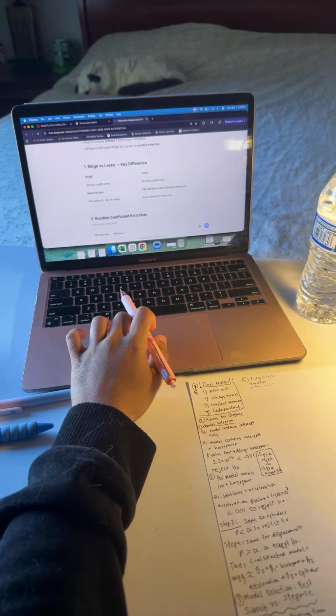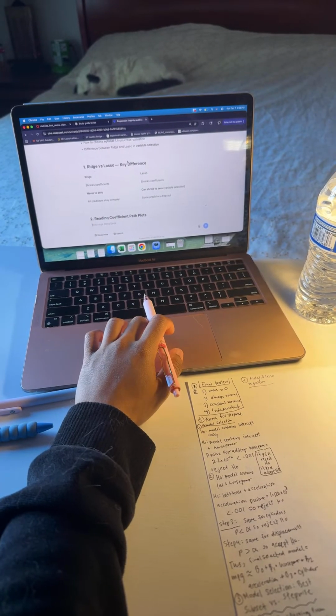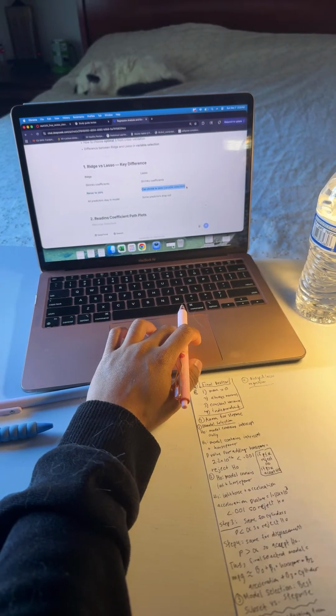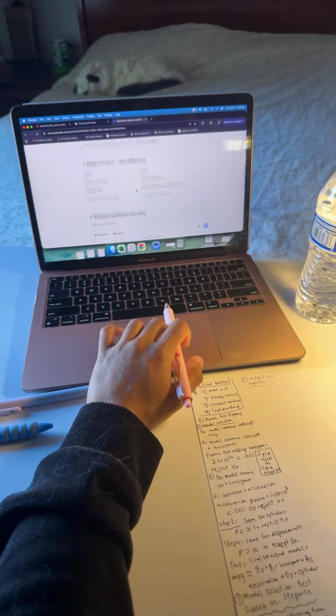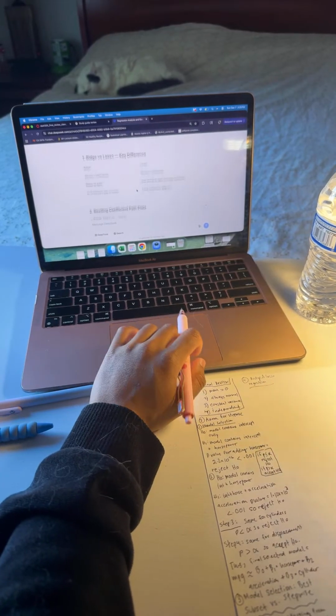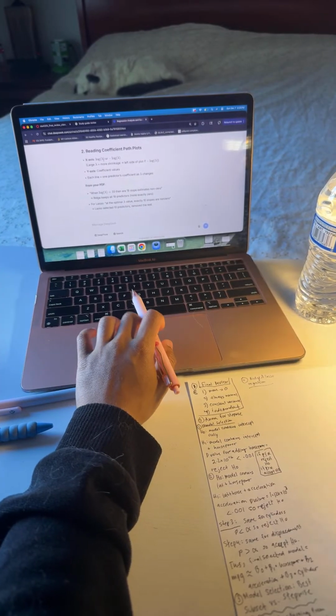Key difference: ridge shrinks coefficients, lasso shrinks coefficients. That's not a difference, though. Ridge never shrinks to 0, lasso can shrink to 0, which gives variable selection. Ridge keeps all predictors in the model, while lasso drops some predictors out. Like I'm about to do with this college. University thing, just kidding.